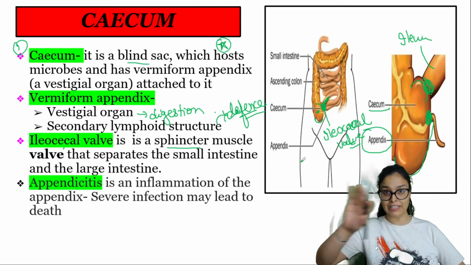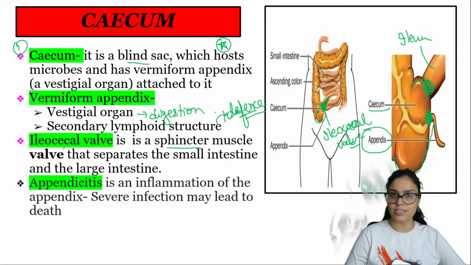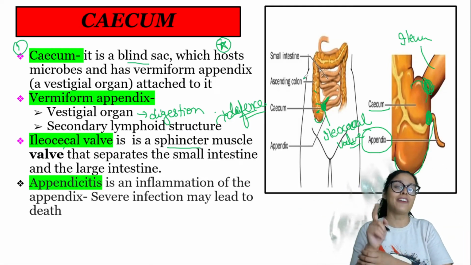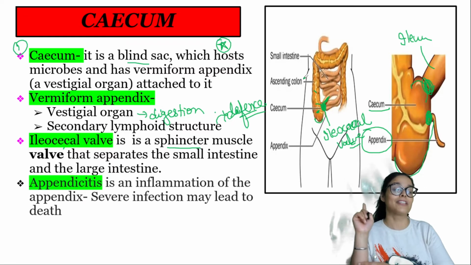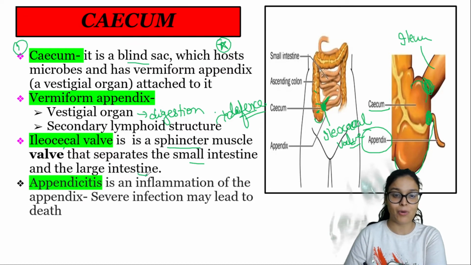Valve means it prevents backflow. Whatever undigested fecal matter is pushed by the small intestine into the large intestine would not come back, right? So that is its purpose, and it separates the small and large intestine.